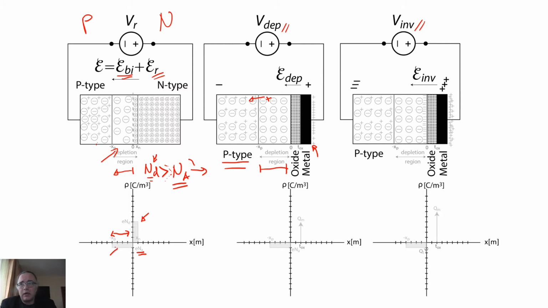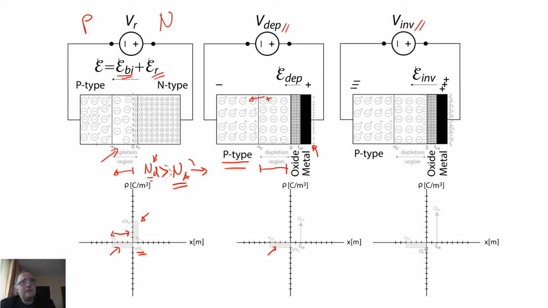Similarly to the PN junction, we also have charge distributed in space. Here we have an oxide. This is an insulator, so there is no current that flows through the structure.